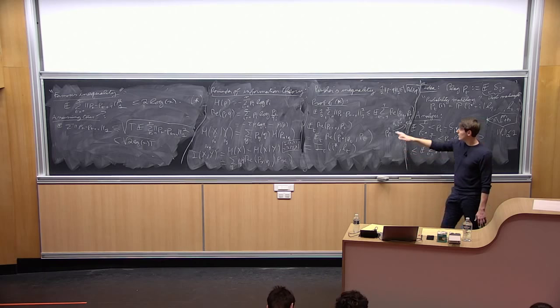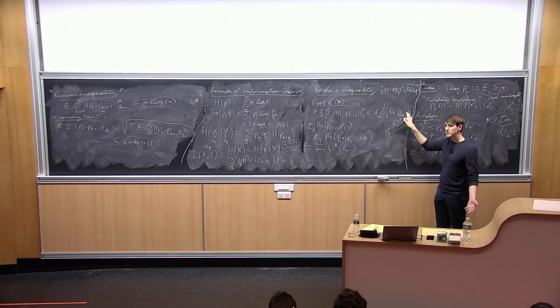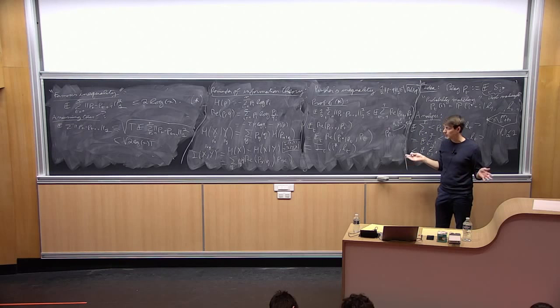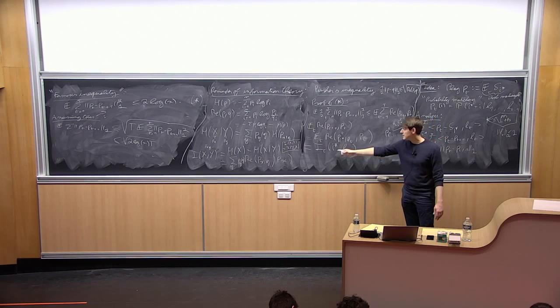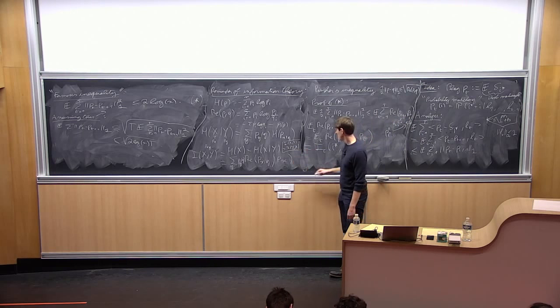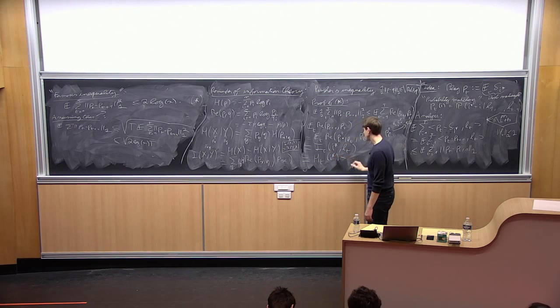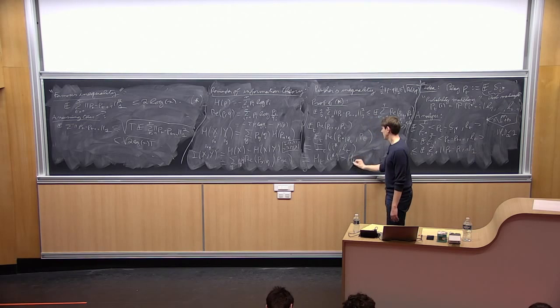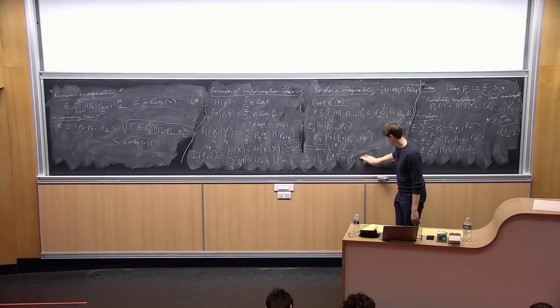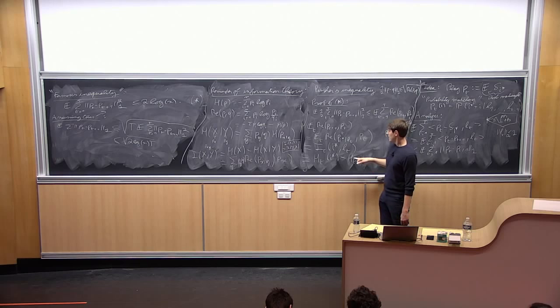Okay, but now what do I want at the end? I have this sum over t terms, and I want something independent of t. A good way to get that is to have a telescopic sum. And we'll get this because of what this mutual information is: it's a difference of entropies. So this is equal to the entropy at time t of I star minus the entropy at time t of I star given Lt.